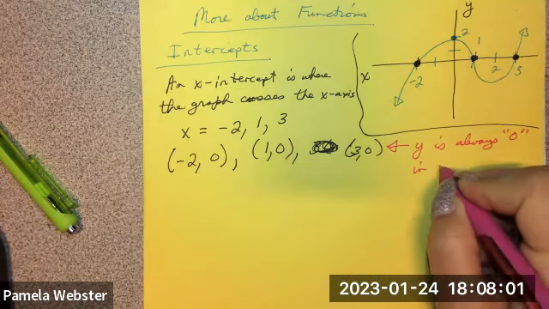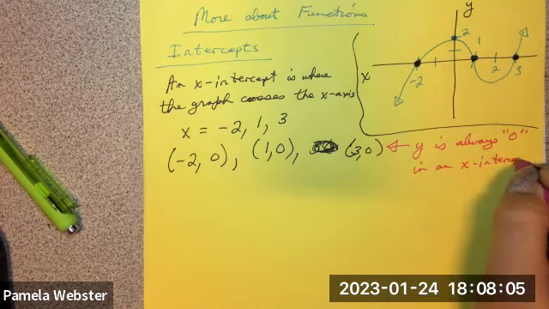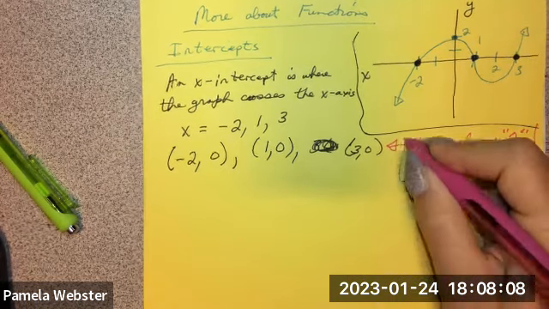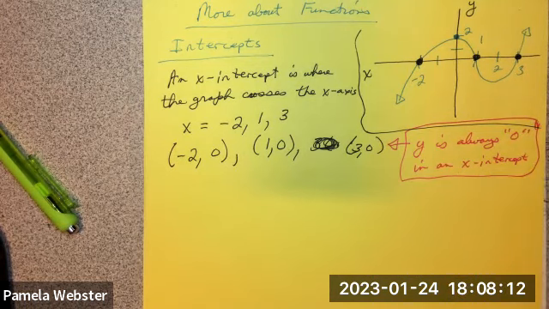in an x-intercept. So later, whenever we're asked to find x-intercepts, if we don't have the graph but we have the function, we will plug in y equals 0, and that will help us find our x-intercepts.